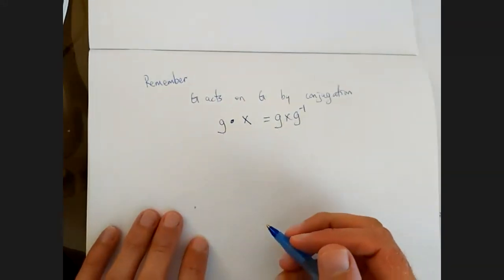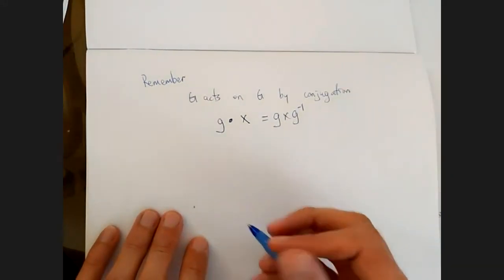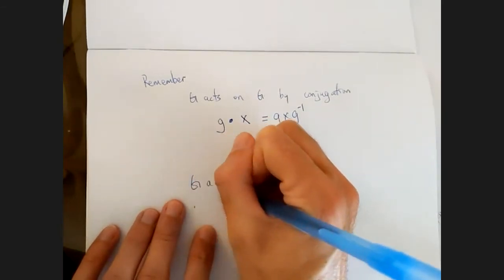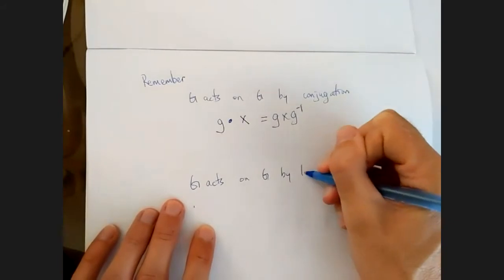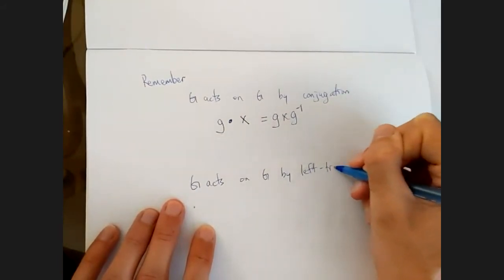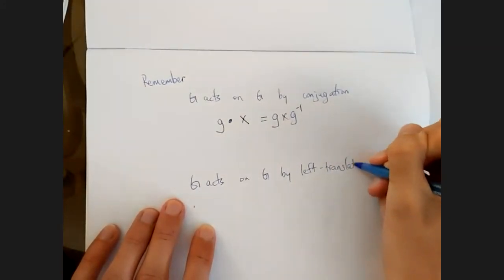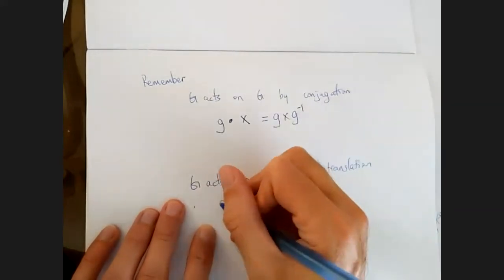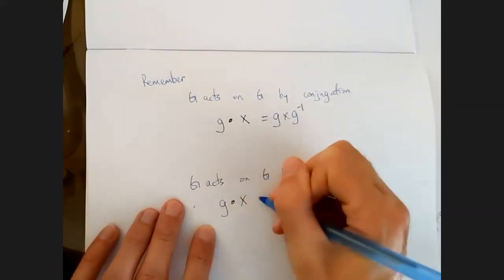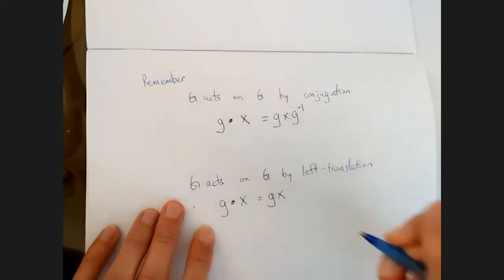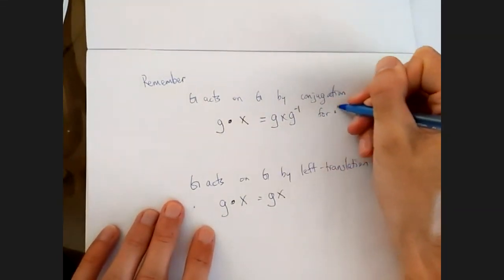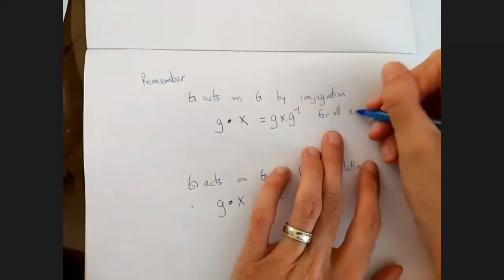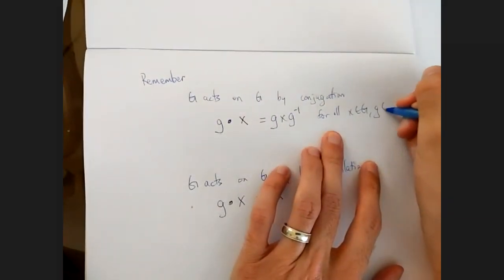And then G also acts on itself by left translation: G times X is just GX, for all X and G in the group.